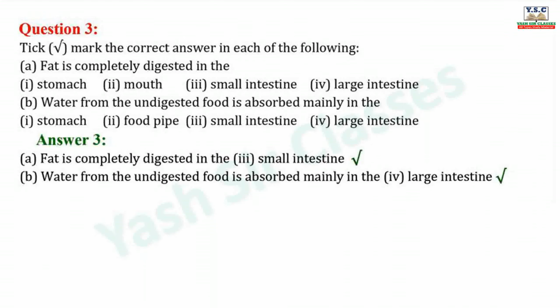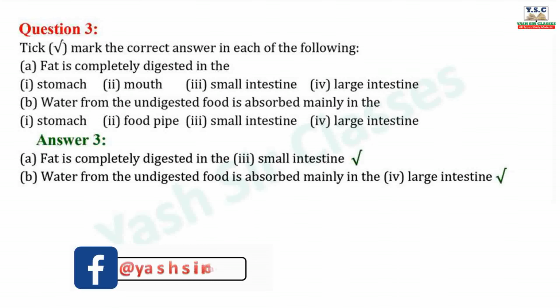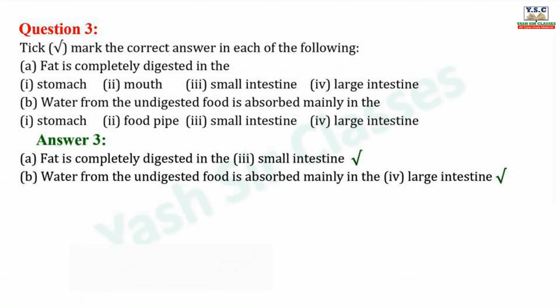Question number 3. Tick mark the correct answer in each of the following. A. Fat is completely digested in the first, mouth, second, stomach, third, small intestine, fourth, large intestine. B. Water from the undigested food is absorbed mainly in the first, stomach, second, food pipe, third, small intestine, fourth, large intestine.